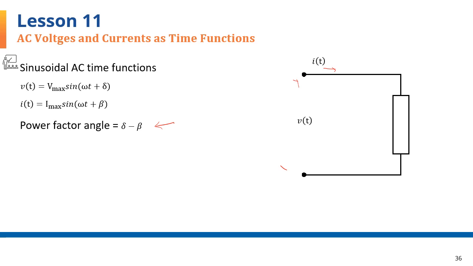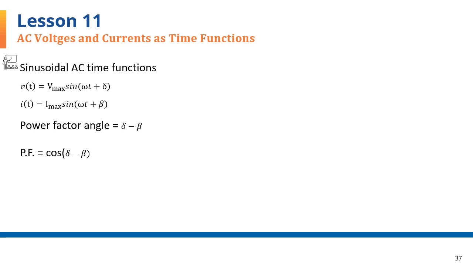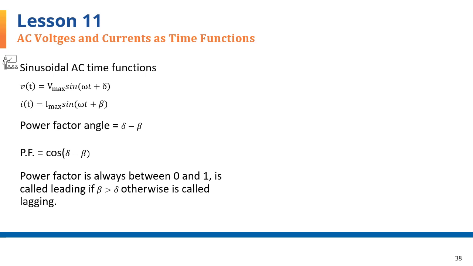The cosine of the power factor angle is called power factor, and it is usually abbreviated to PF. The name power factor carries with it the importance of this quantity in determining power transfer to the load. Power factor is always between 0 and 1, and it will be called leading if beta is greater than delta.